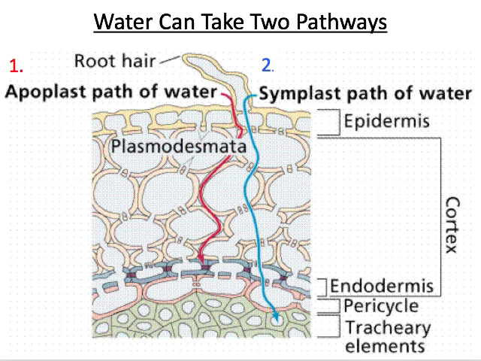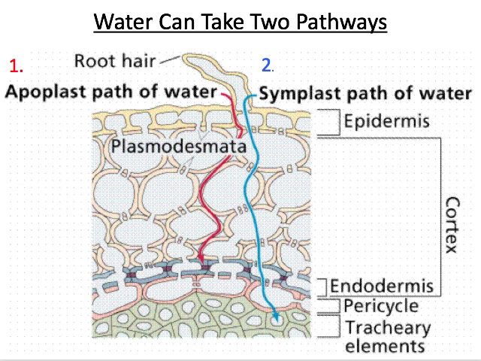The apoplast path of water means that water absorbs into the cell wall and then it continues moving through cell walls and intercellular spaces. The symplast path of water means that water goes all the way into the protoplast, where it's moving through the cytoplasm of interconnected cells, through the plasmodesmata, until eventually it makes it all the way into the tracheary elements found in the center of the root.